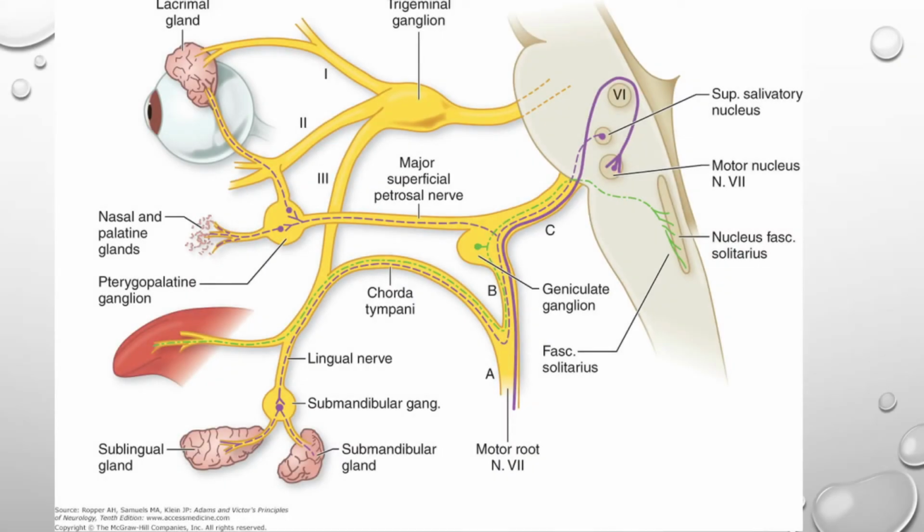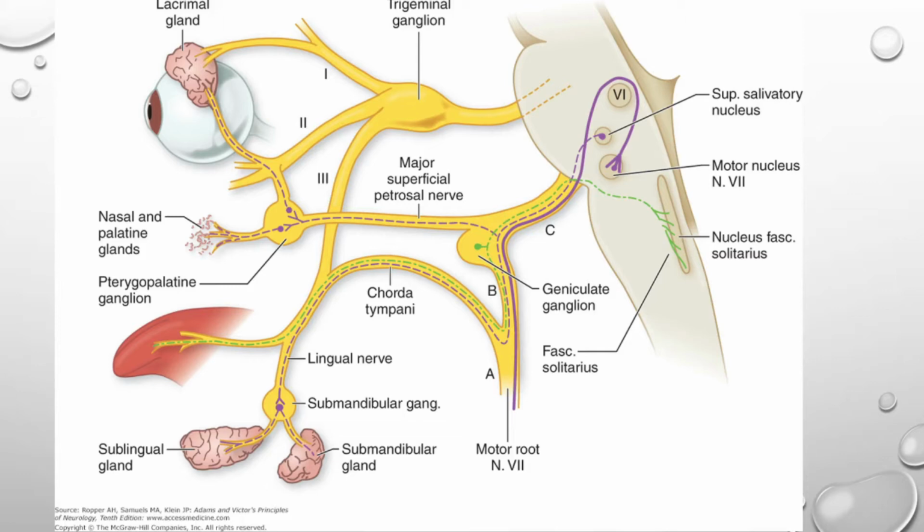And then we'll mention the other functions. So another really important function of the facial nerve is to do with taste. So it's going to supply special sensation fibers, so special sensation neurons, to the anterior 2/3 of your tongue, so that we can taste things.